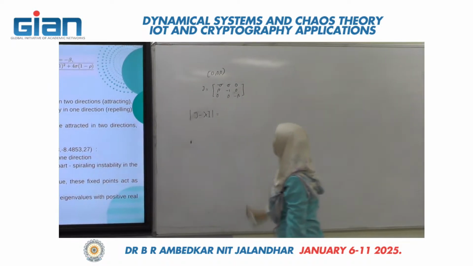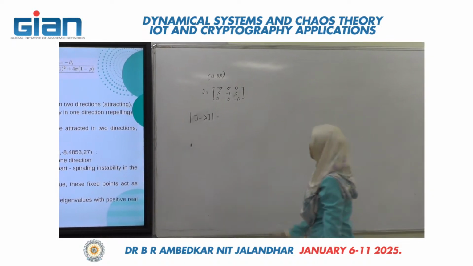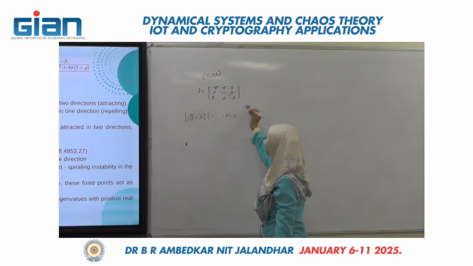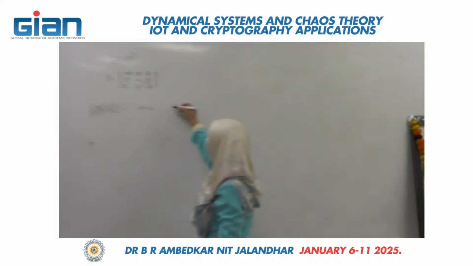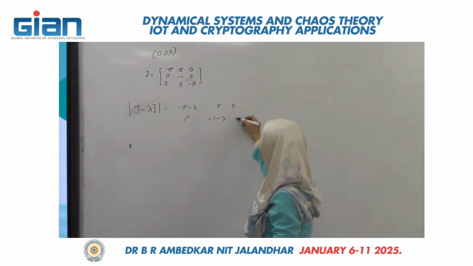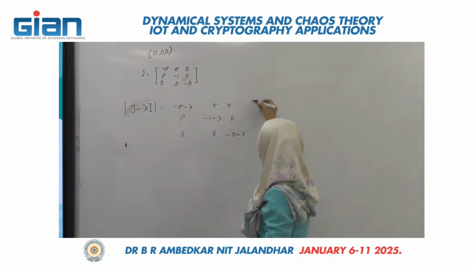Whereby it would be negative sigma minus lambda, sigma, 0; rho, negative 1 minus lambda, 0; 0, 0, negative beta minus lambda.